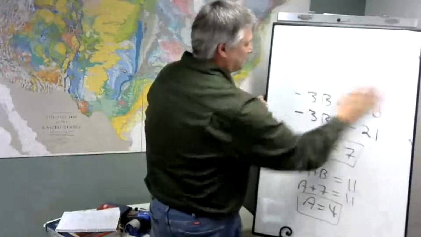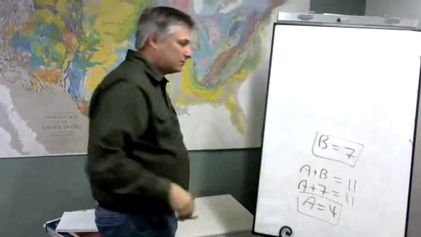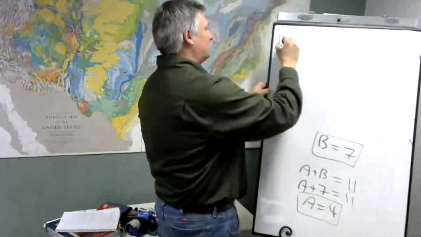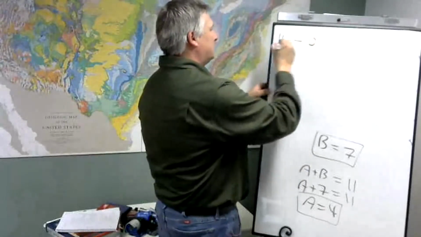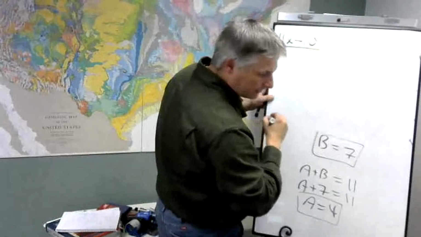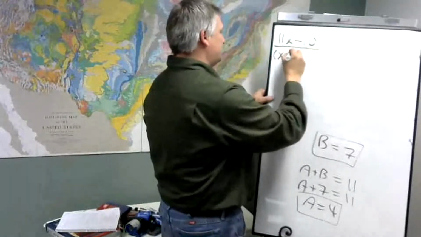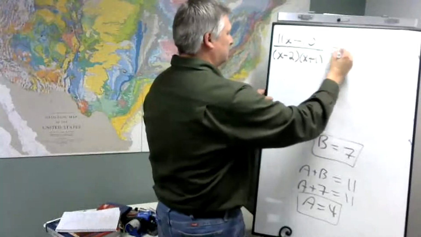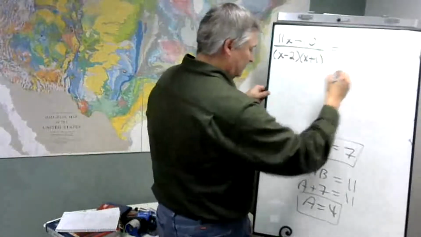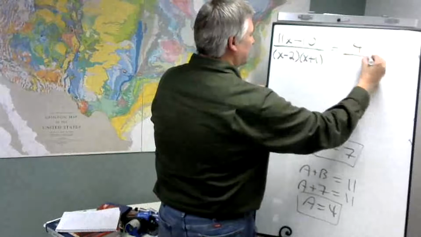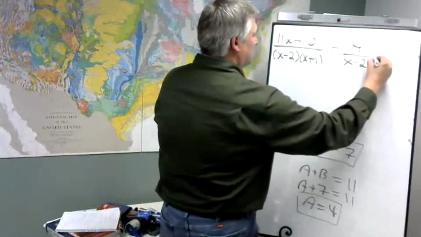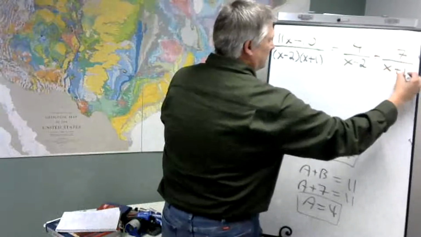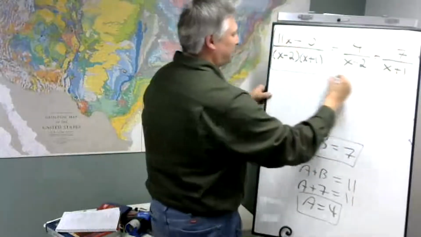Well, it means that original rational function, the 11x minus 10 over x minus 2, x plus 1, well, that's going to be 4 over x minus 2 plus 7 over x plus 1.